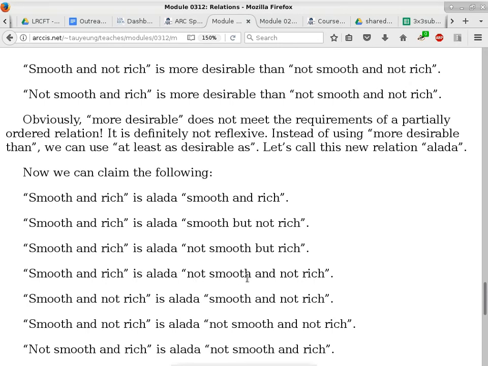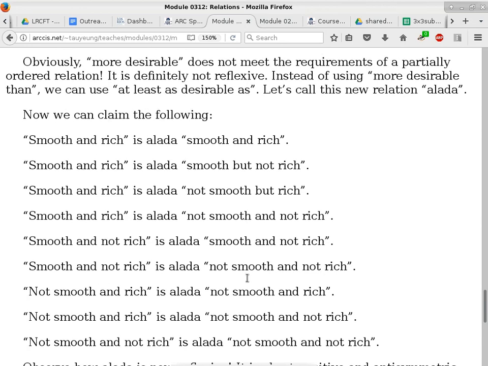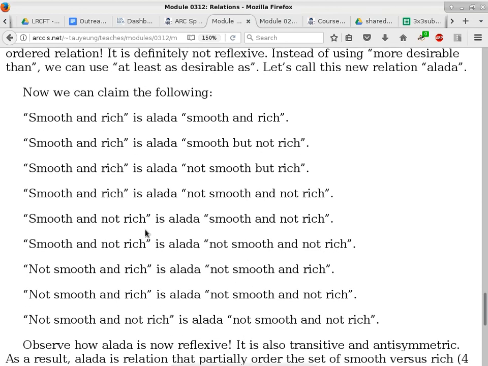Is that okay? Then we move on to smooth and not rich. Smooth and not rich is at least as desirable as smooth and not rich, to itself, right? And then the next line says smooth and not rich is at least as desirable as not smooth and not rich. But it does not relate to not smooth and rich. Because it's a toss up, okay? Because you're missing one, but you got the other. So there's no relation between those two.